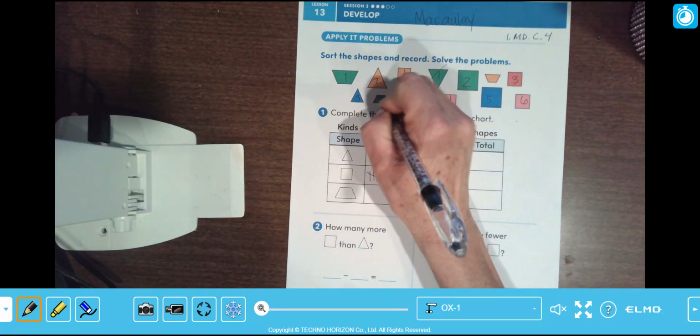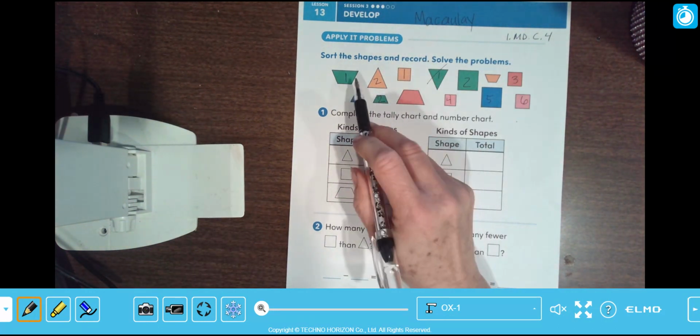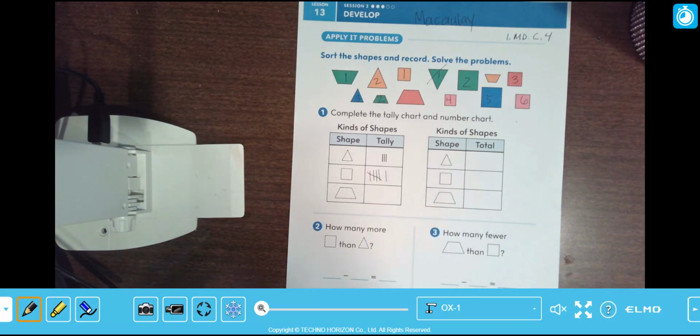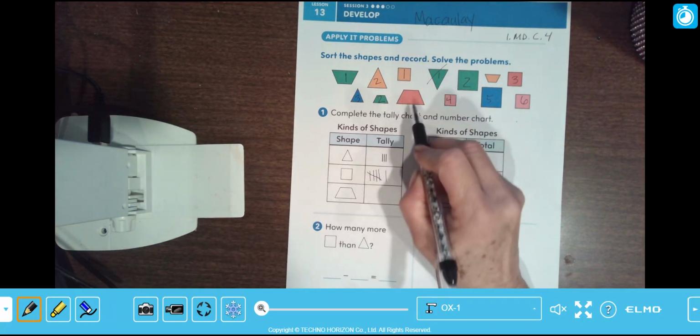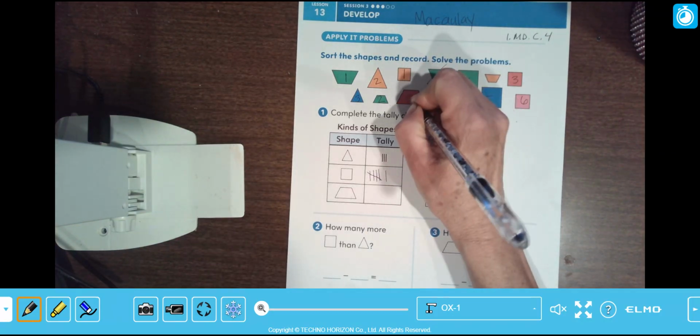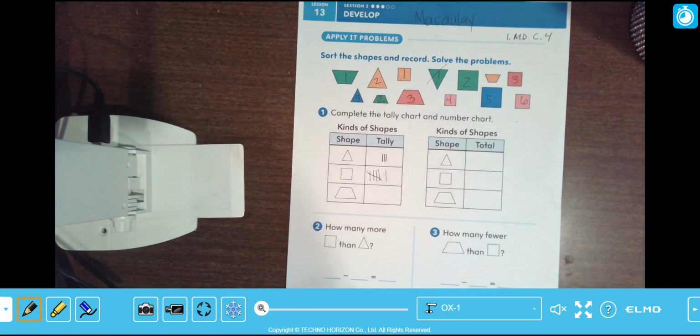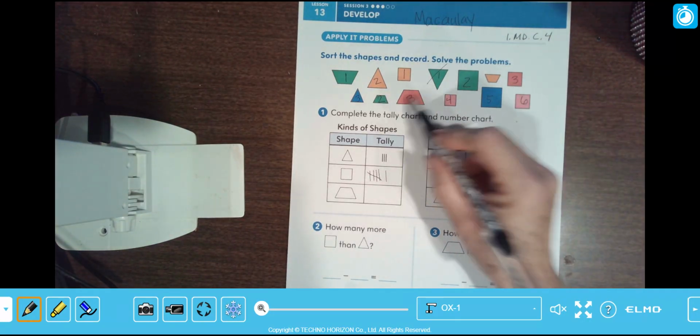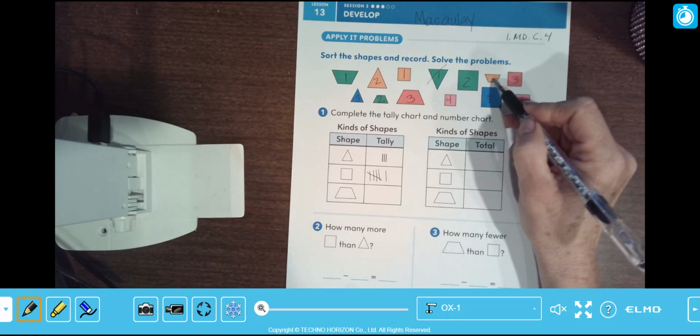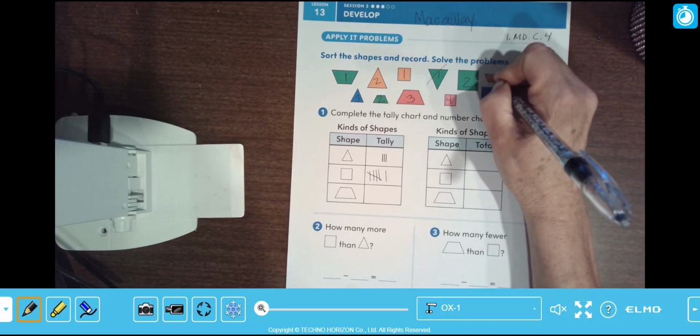Here's number 2 right there. This one here is 1. That is 2. Okay, this one here is number 3. 1, 2, 3. Okay, hopefully you're writing these numbers down. Then let's see if we have another. Yep, we have one more right here, and this is number 4.